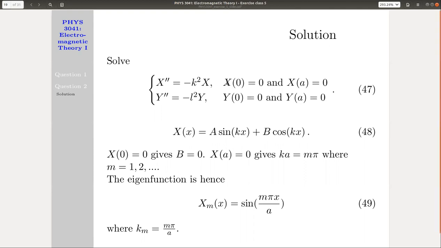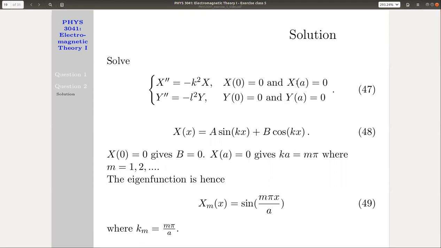First we impose x of 0 equal to 0, so we substitute x to be 0. Sine 0 is 0, but cosine 0 is 1, which implies that b has to be equal to 0. So the cosine term vanishes.